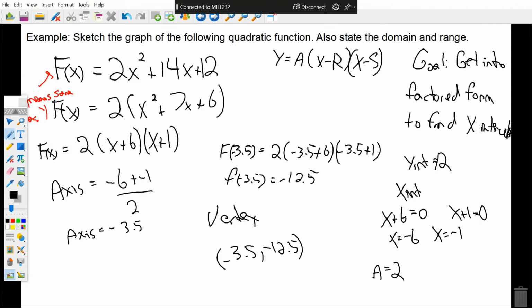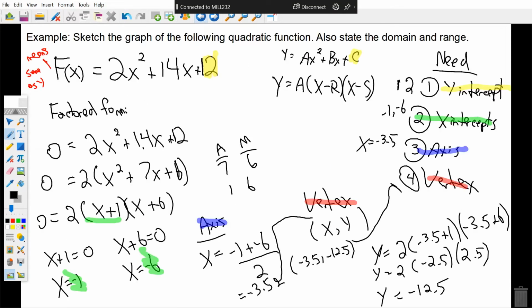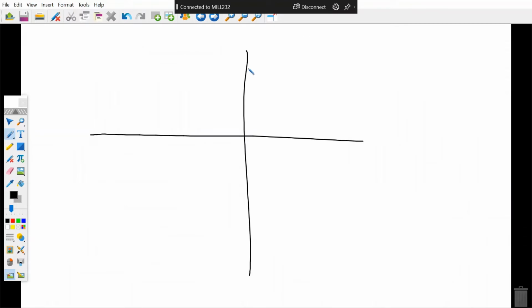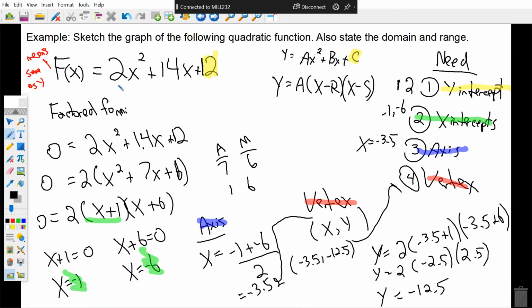The first thing we know is the y-intercept is at 12, up here. If we go back to our equation, we know that the a is positive, which means this graph is opening up.